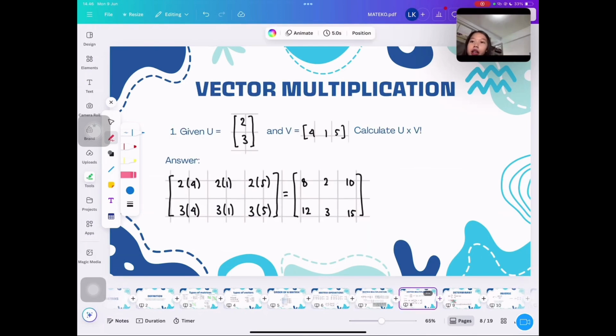And then the next material is vector multiplication. Here is an example problem. Given U 2 and 3 and V is 4, 1, and 5.